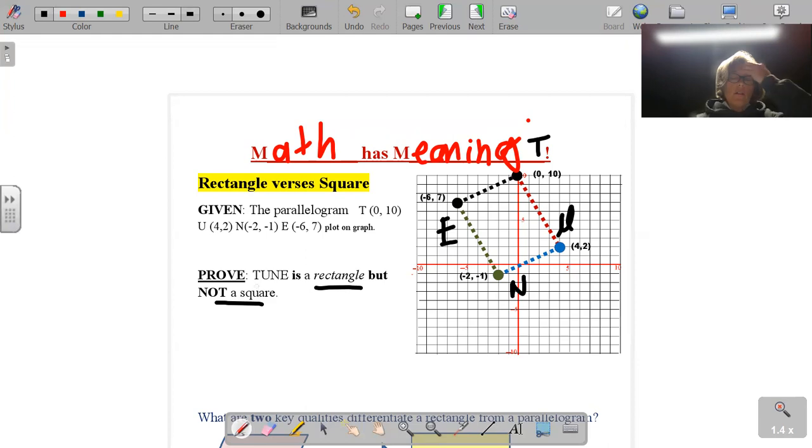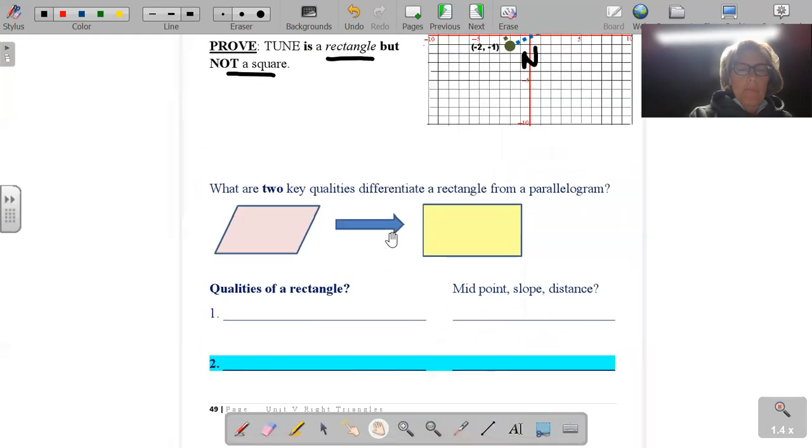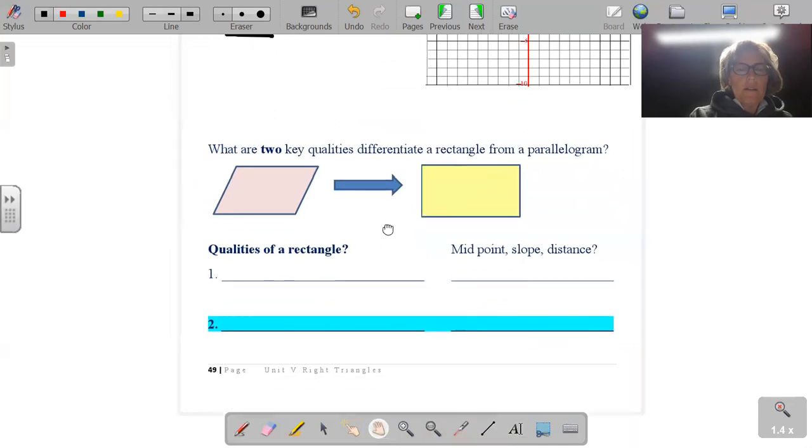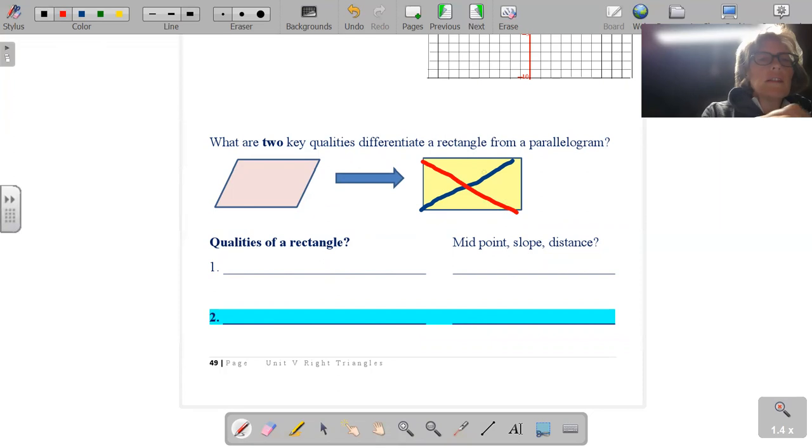Prove it's a rectangle, but mathematically disprove it's a square. There's several ways to do this. So first you ask yourself, what makes a rectangle a rectangle? Well, one would be a rectangle has congruent length diagonals.